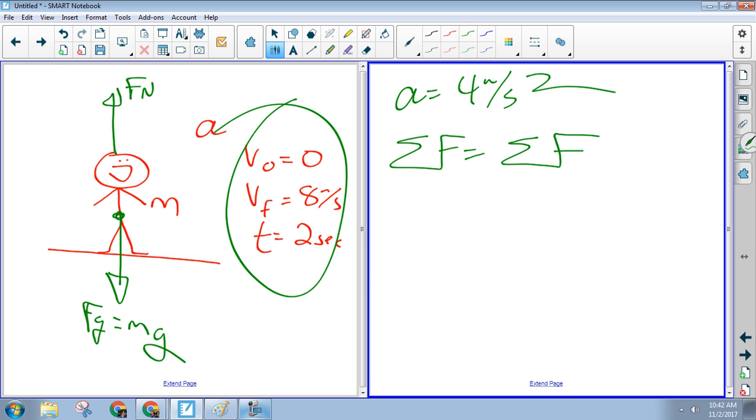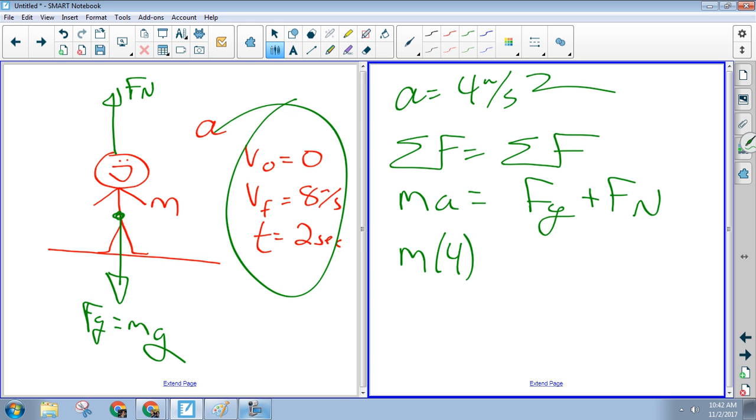So, MA equals FG plus FN, right? So, M times 4 equals negative M times 9.8 plus Fn.